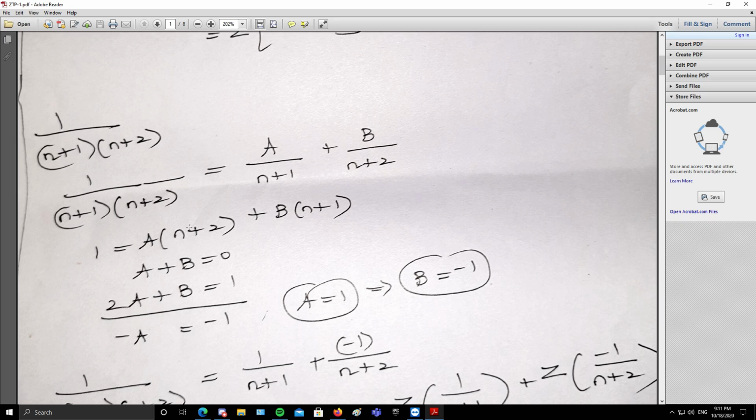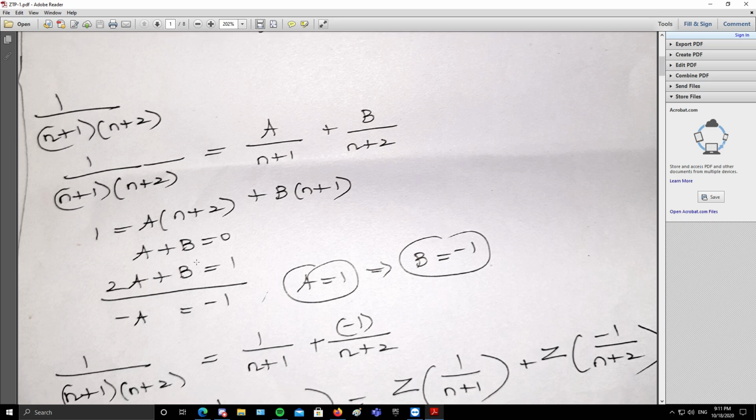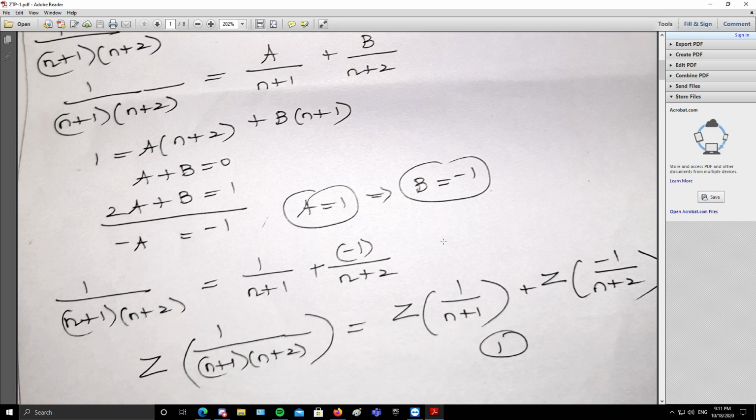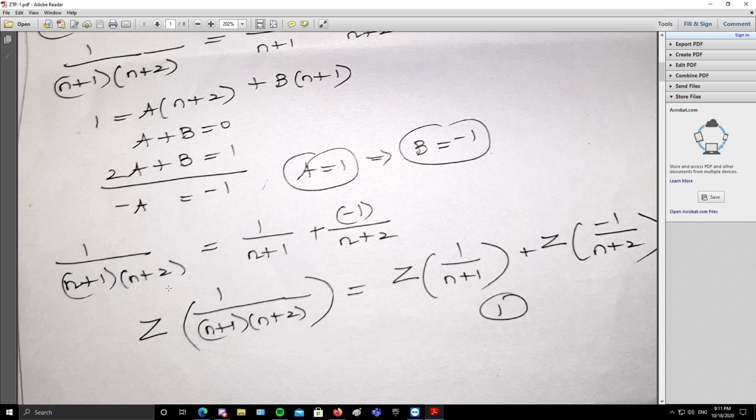If I compare the n coefficients, left side 0, right side a plus b. If I compare the constants, 2a plus b equals 1. On solving, you get a as 1, b as minus 1.